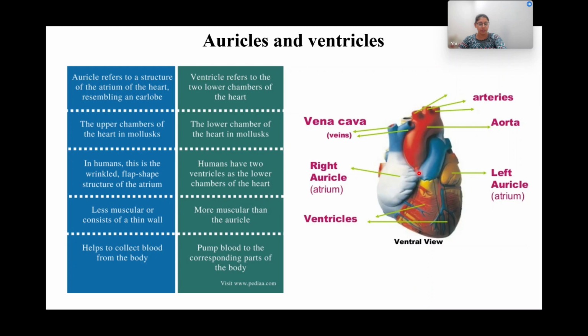If you look at a diagram of the heart, you will see that these upper portions are called the auricles while these lower parts are called ventricles. We will come to these important veins and arteries. For now, just remember the main artery for the heart system is the aorta, while the main vein for the circulatory system is the vena cava.